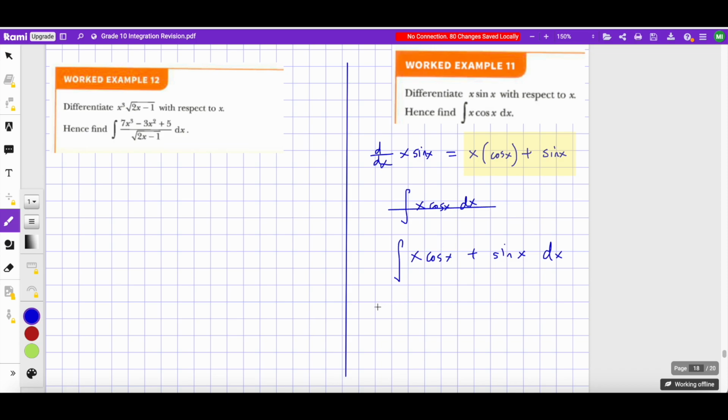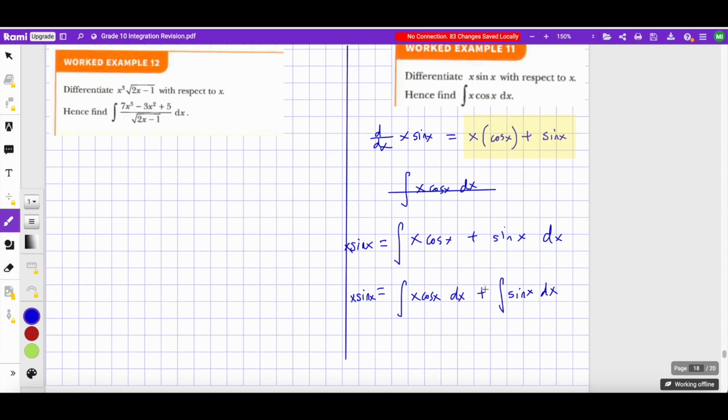All right? But what is good is that when you do this, you can split this up into 2 parts. This will be the integral of x cosine x dx, and you will integrate sine x dx. And basically, integrating both of them together eventually gets you x sine x, right? Because they are related in that sense.